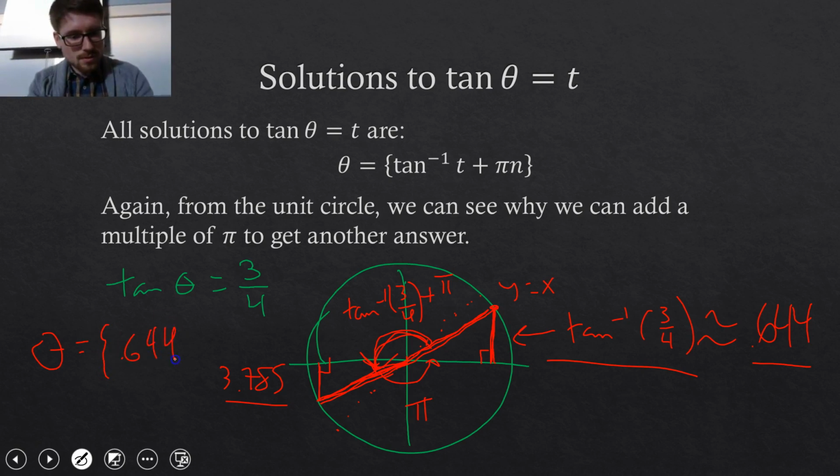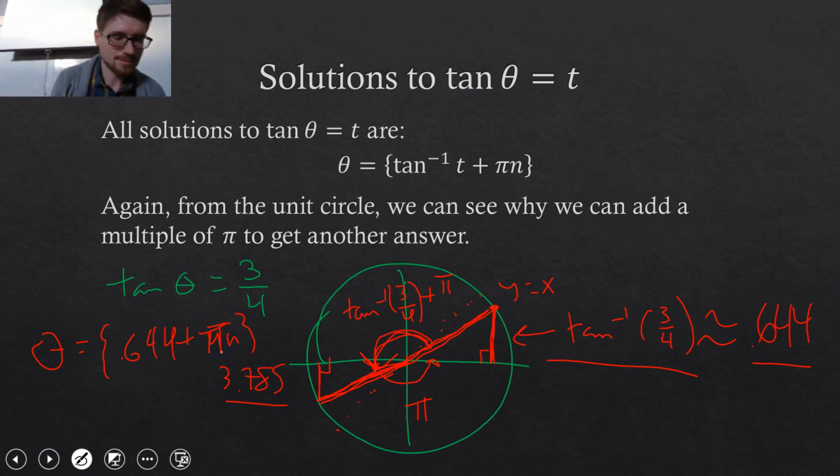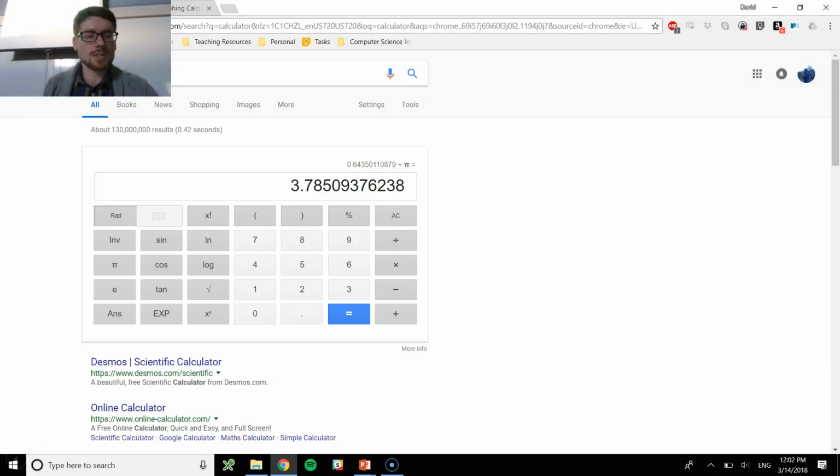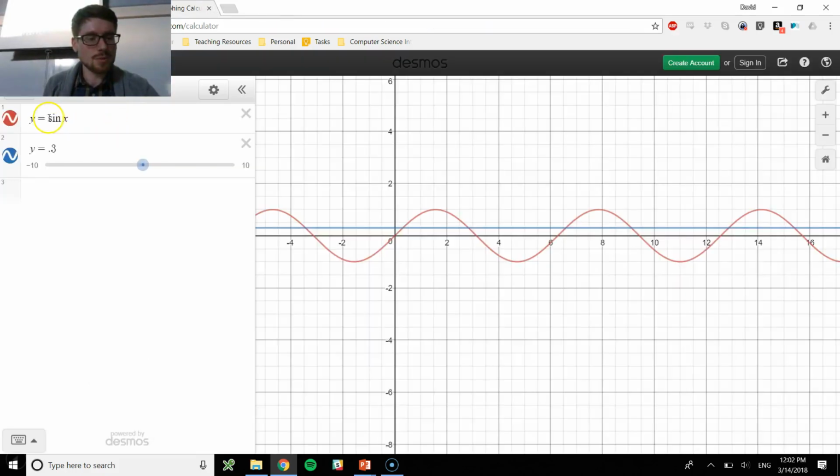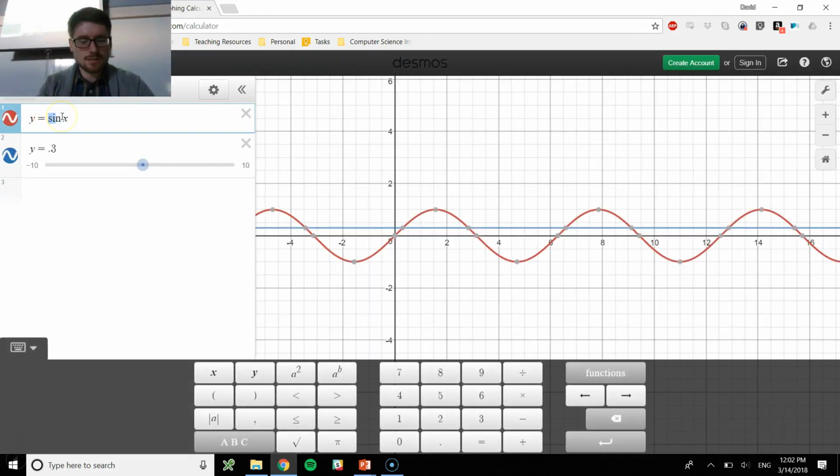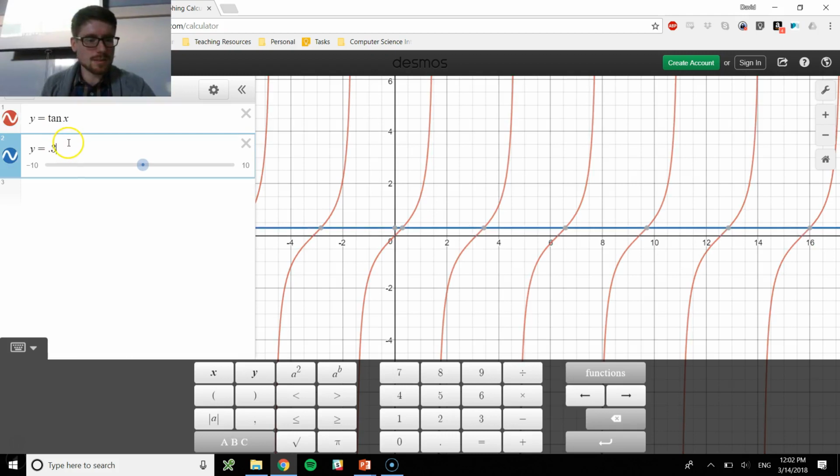So all the answers would be 0.644 plus a multiple of pi. Any multiple of pi will do. To see this again graphically, it's always good to be able to graph to check our answers. We'll do tan x, and we're looking at when it is equal to 0.75.